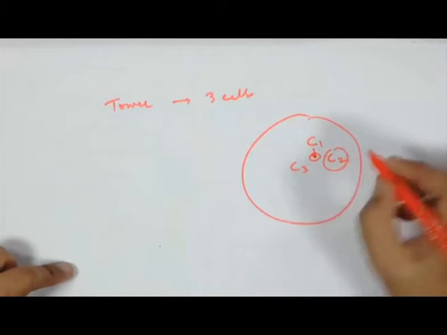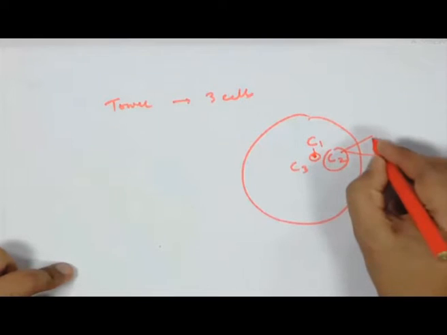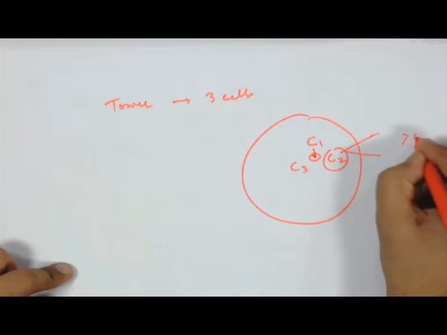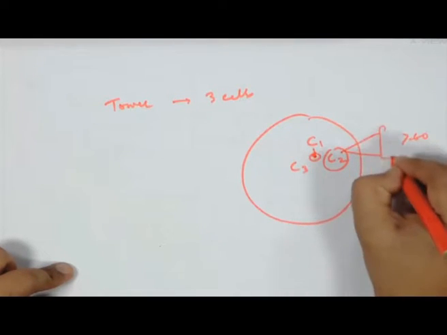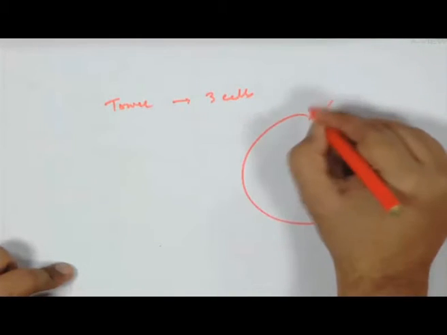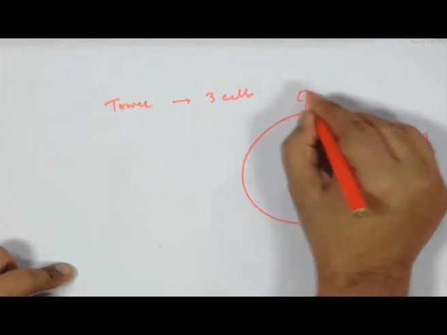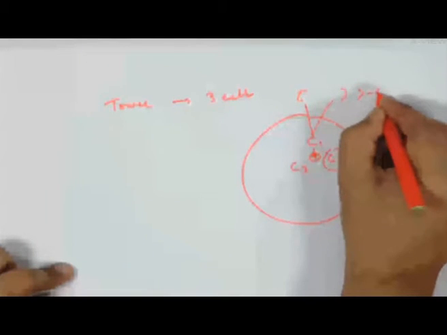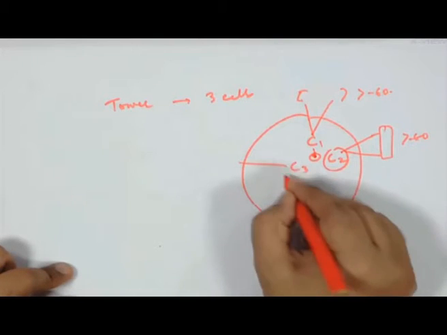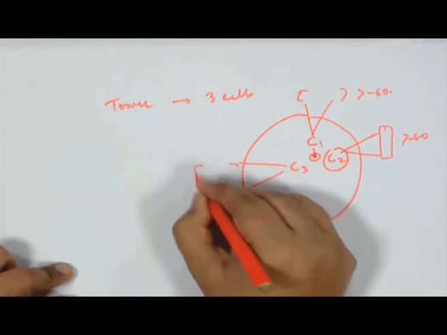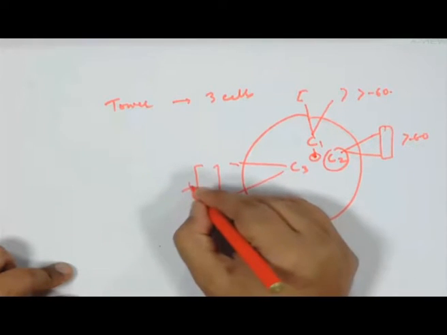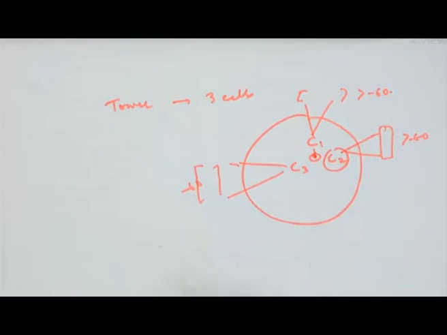From these cells we have got some RSS which are greater than minus 60. From this cell we have got some RSS greater than minus 60. From this cell also. But these are all coming from the same location. Think carefully, these are all coming from the same location.